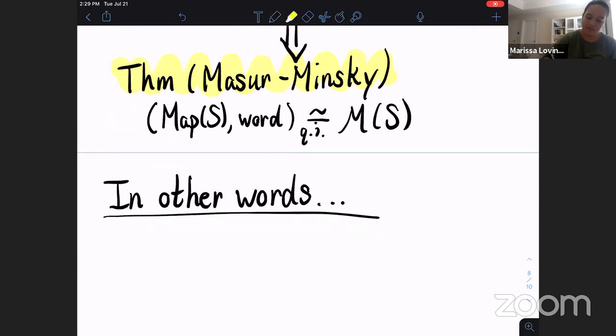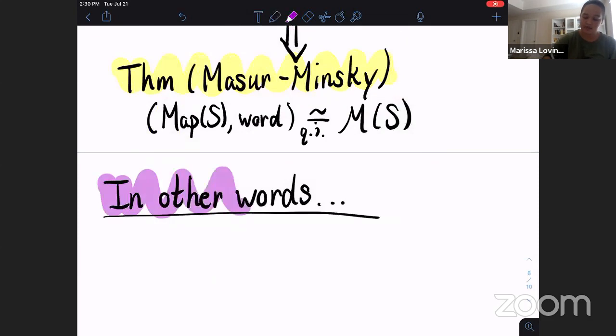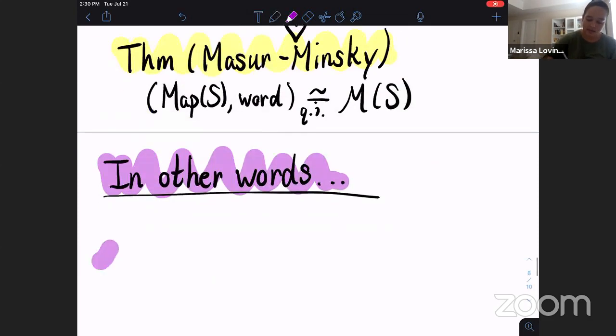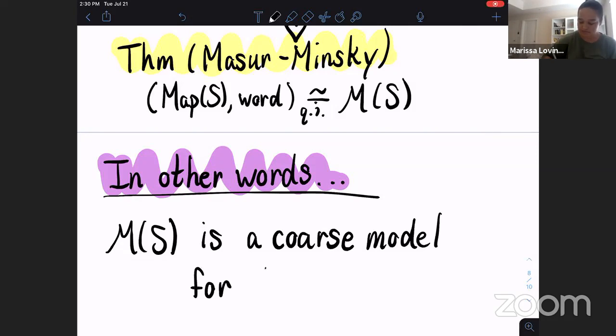So this is a really awesome fact, right? That the marking graph this time is giving us a coarse model for the mapping class group.